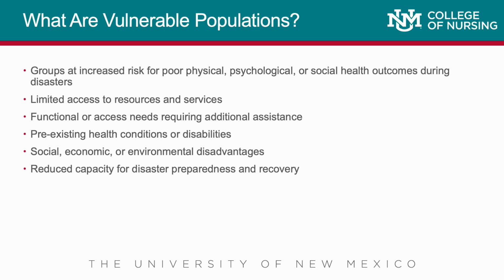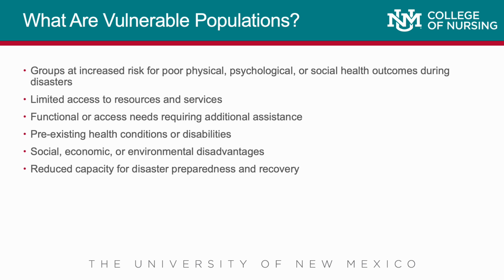So let's start with the foundational question. What exactly do you mean when you talk about vulnerable populations? Vulnerable populations are groups of people who are at increased risk for poor physical, psychological, and social health outcomes during disasters. This vulnerability is not random.